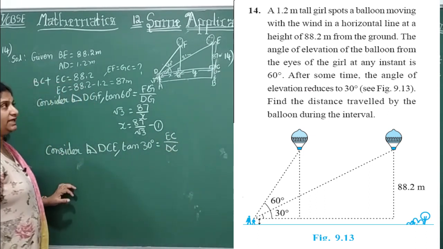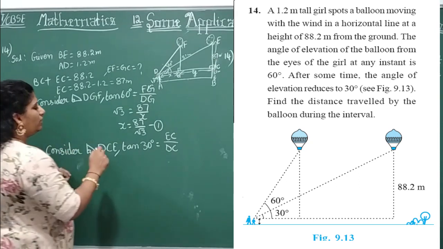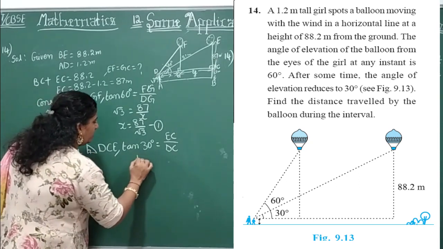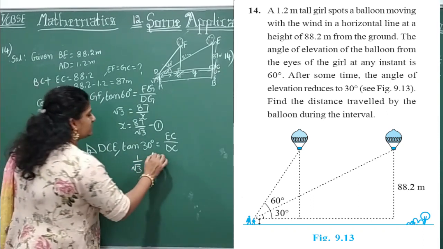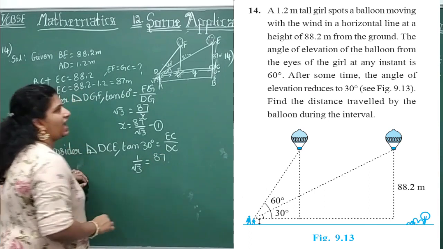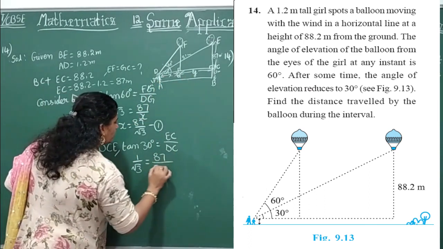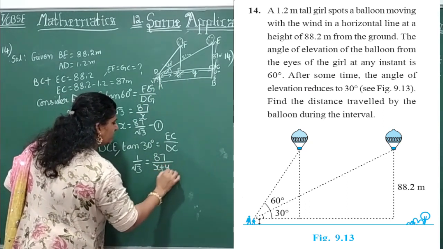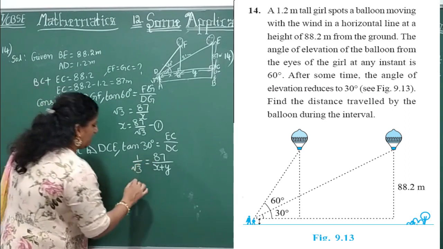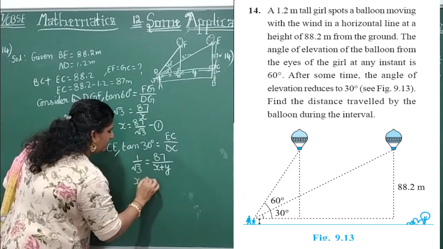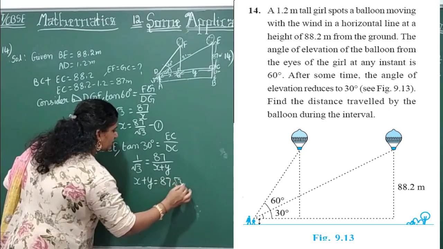EC by DC. Observe the letters carefully what I am writing. What is tan 30 degree here? 1 by root 3 is equal to EC is 87 and DC is X plus Y. Don't try to write XY, children. You have to add, you need to write X plus Y. Now, cross multiply here. X plus Y is equal to 87 root 3.